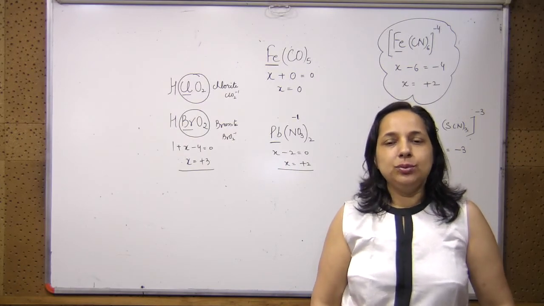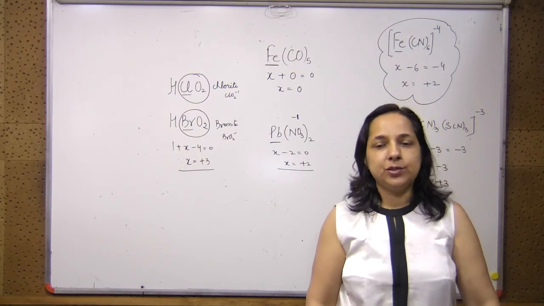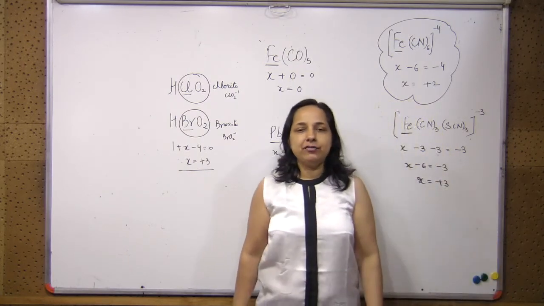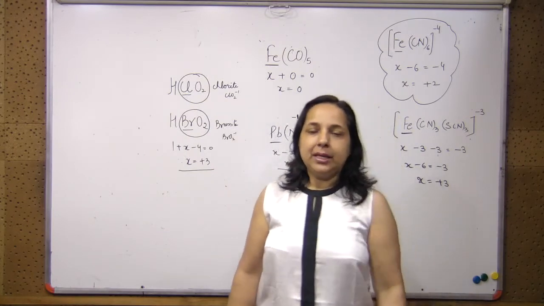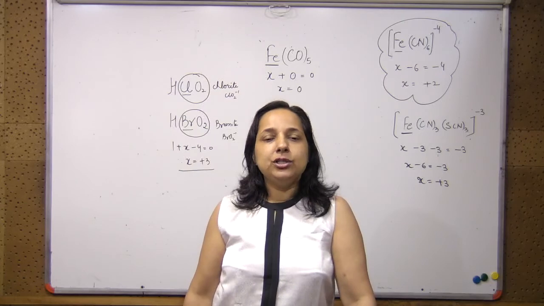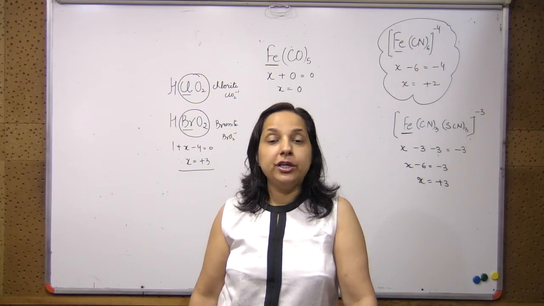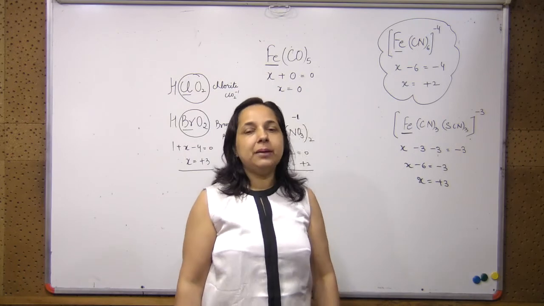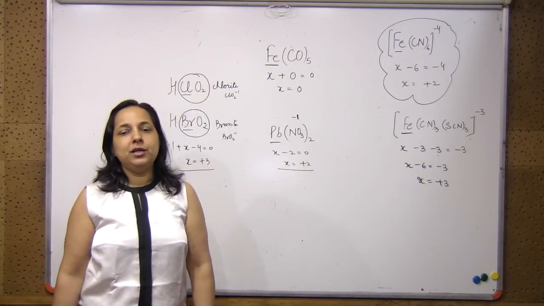Zinc plus 2, cadmium plus 2, aluminium plus 3 and fluorine minus 1. These elements are having fixed oxidation state, not changing at all. Next, hydrogen can be minus 1, it can be plus 1. When hydrogen is bonded to a metal, it becomes minus 1. When hydrogen is bonded to a non-metal, it becomes plus 1.